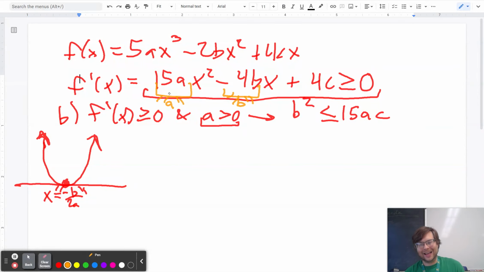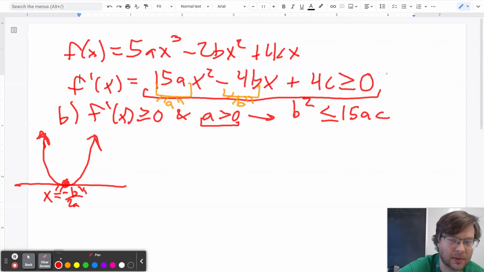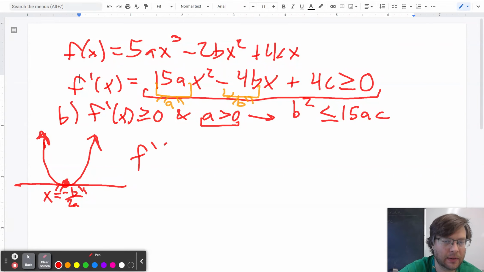And so I can actually find the vertex of the f prime of x here. So f prime of that lowest value is going to be when I plug in negative b over 2a. So I'm going to plug in positive 4b, because that's the negative of my "quote b," over 2a, which is 30a, like this.